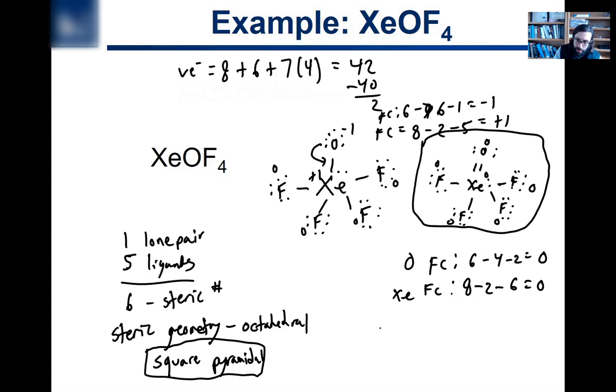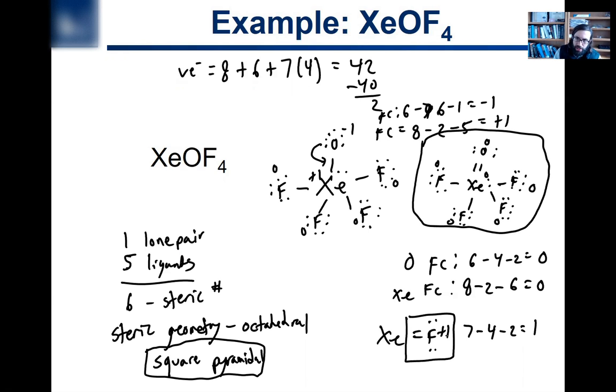You could experiment with making a double bond to fluorine. That is a resonance structure, but it's not going to be favorable, because in that case you have a double bond to fluorine. And what is the formal charge going to be? 7 minus 4 minus 2, which is 1.